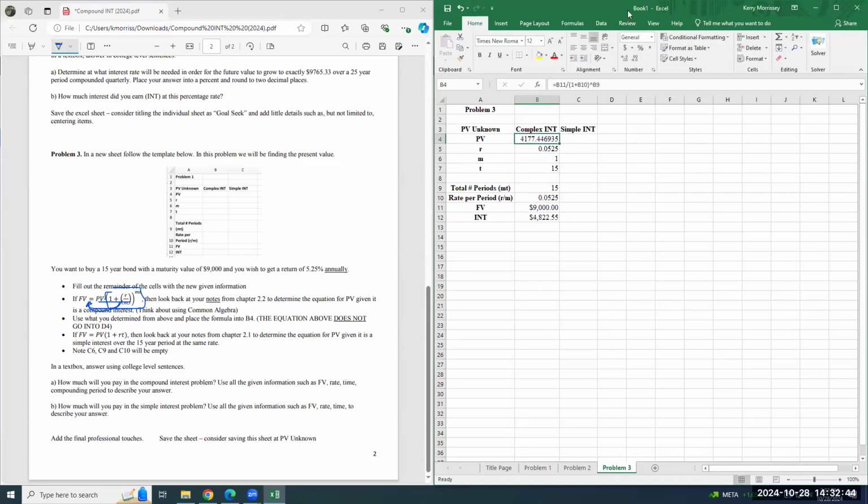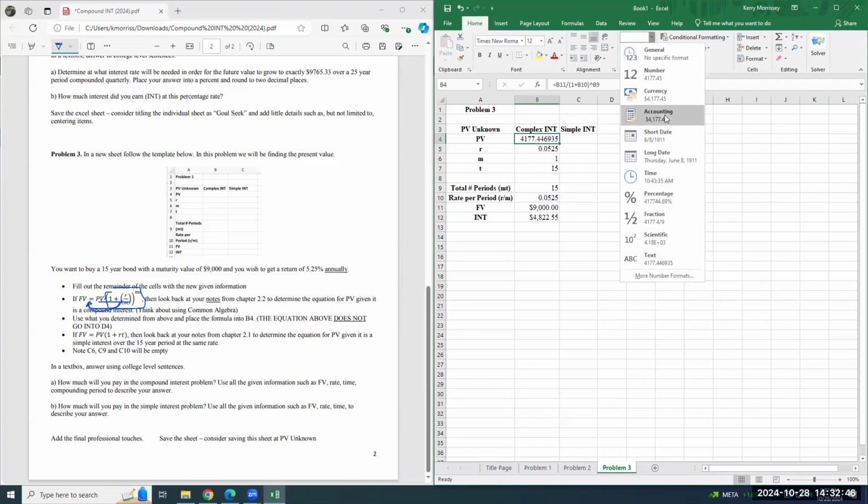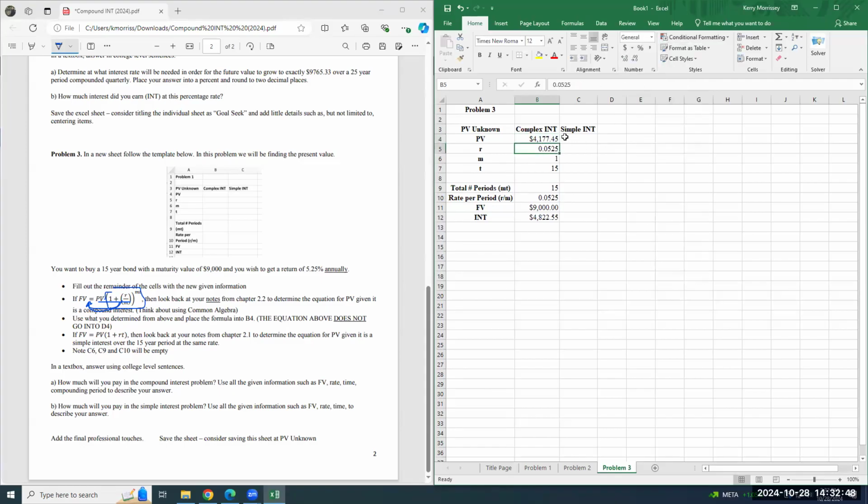Go ahead and hit enter. Instead, let's put it into a currency, and it'll allow us to simplify it a little bit further. So that should be your present value.